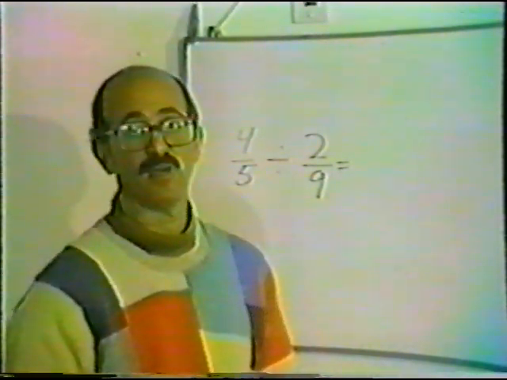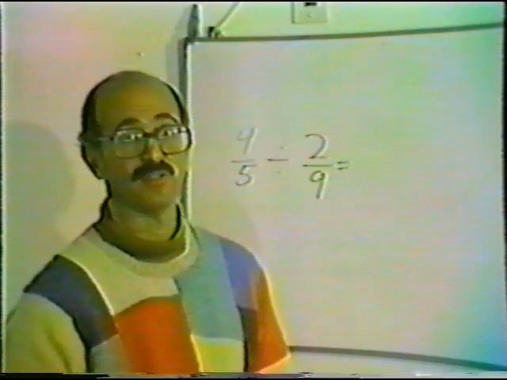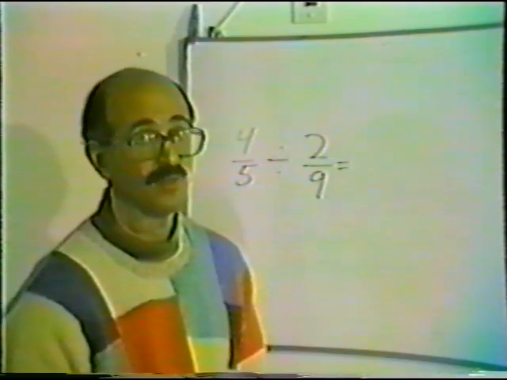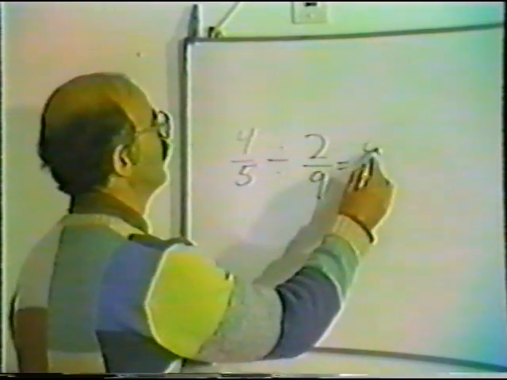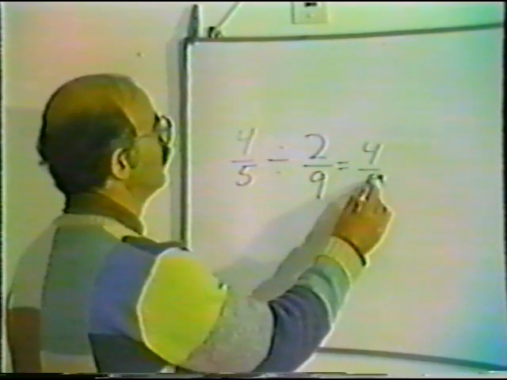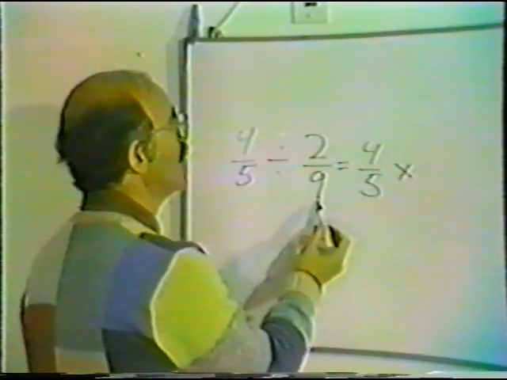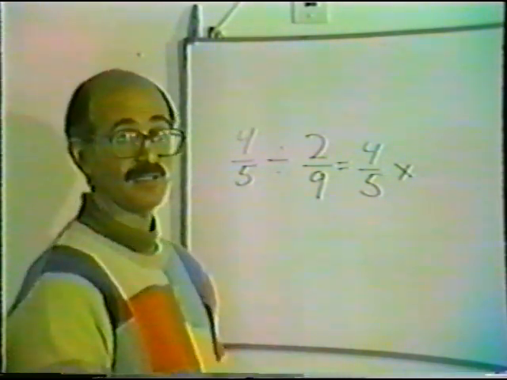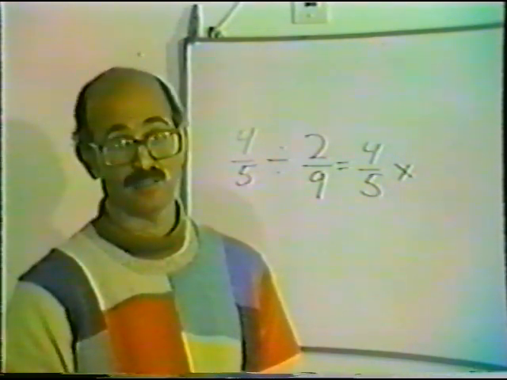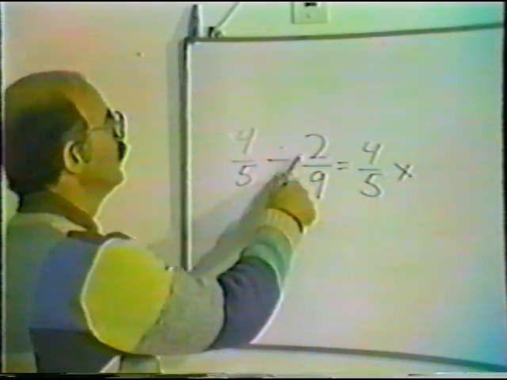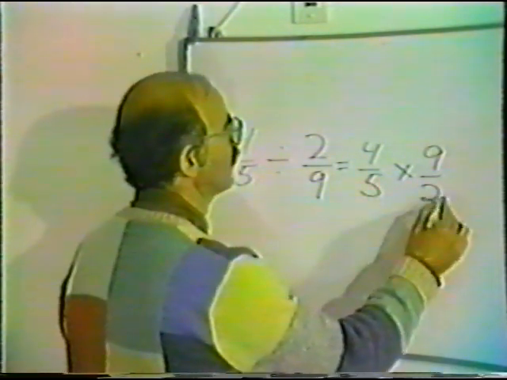When you do a division problem in fractions, all you have to do is 2 things. You keep the 4/5. You change the division to multiplication, and you take the second number and flip it upside down. 2/9 becomes 9/2.